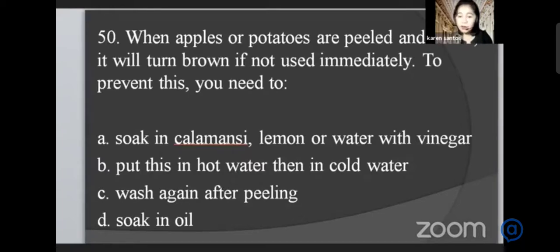Again, when apples or potatoes are peeled and sliced, they will turn brown if not used immediately.